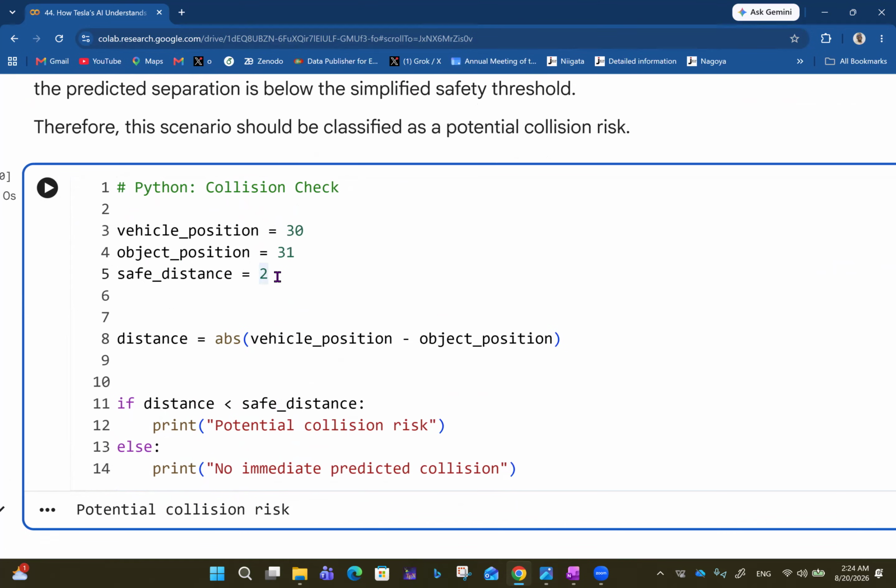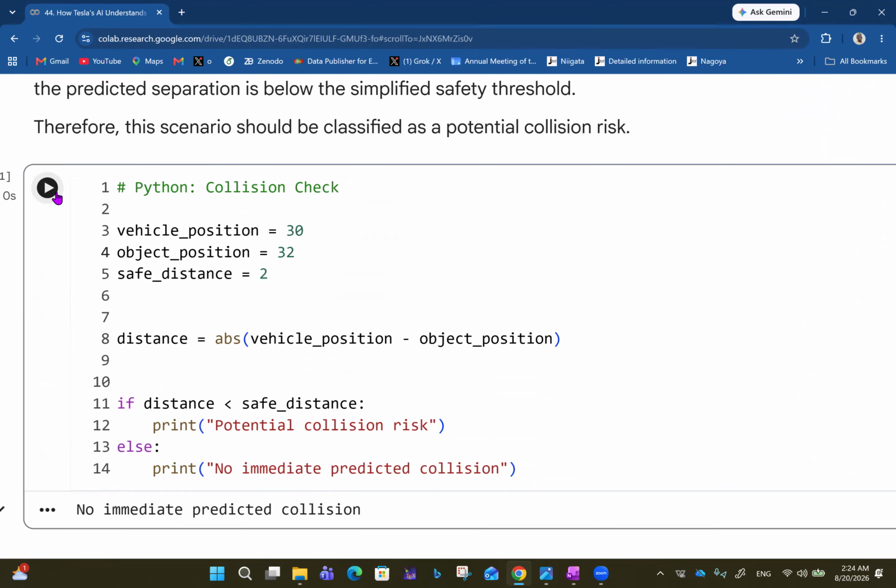If the vehicle position is 30 and the object position is actually 32, there's no immediate predicted collision in that case. But if you have even like 1.5, yeah, even 1.4, there's going to be a risk. Oh, this still shows no immediate collision risk.